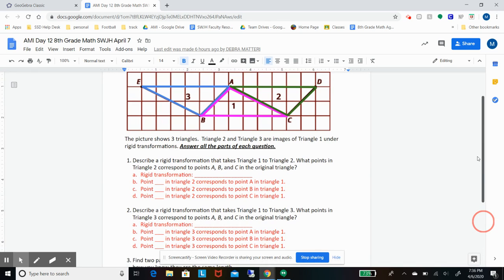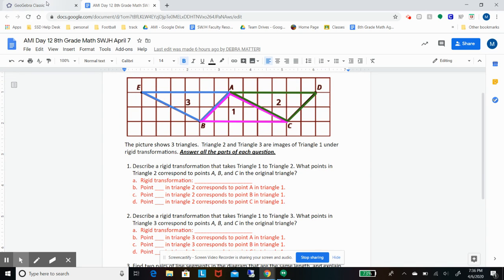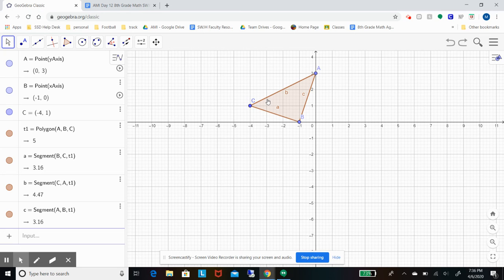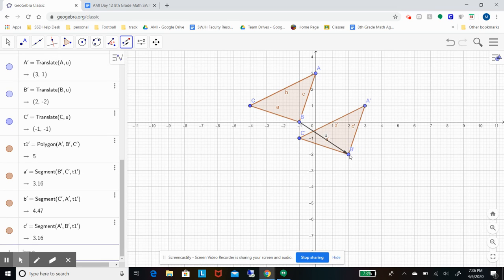So let's look at those. I'm going to be using a website called GeoGebra, and I've already put a triangle in here. And so let's first begin with looking at what does a translation look like. We're going to translate this triangle over and down, and now we can look at what happened.